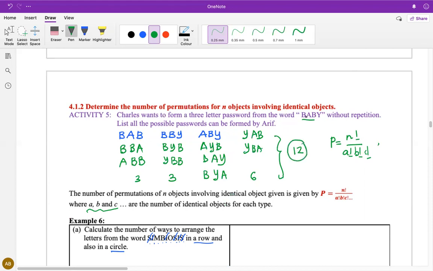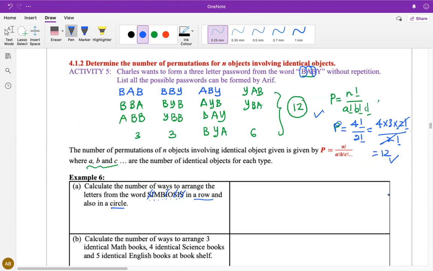There are 2 B's, there are 4 letters, so P equals 4 factorial divided by 2 factorial. So it's 4 times 3 times 2 factorial over 2 factorial. So you cancel out, you get the answer 12. So correct, right? So the formula is correct.